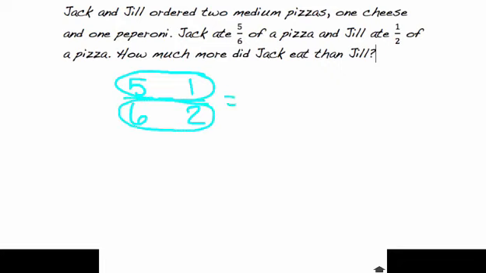Well, 5 minus 1 is going to give us 4. 6 minus 2 is also going to give us 4. Now, 4/4 you should remember is equal to 1, because anytime we have the same number on both the top and the bottom, that is an equivalent fraction to the whole number 1.